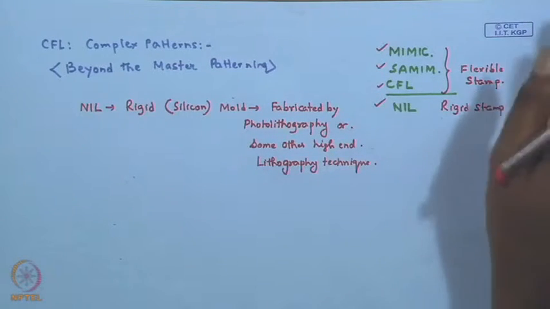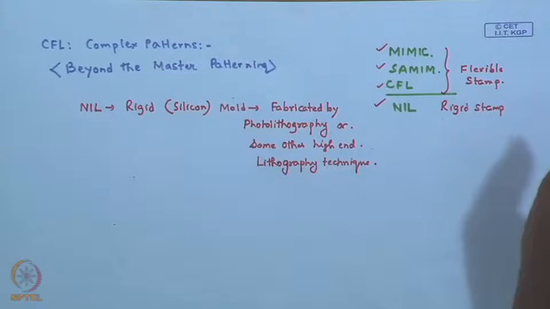In soft lithography group of methods, in most cases you use a flexible PDMS stamp, but that PDMS stamp is generally made by replica molding, which is another soft lithography technique, the simplest one I would say, by replica molding against a lithographically fabricated master.